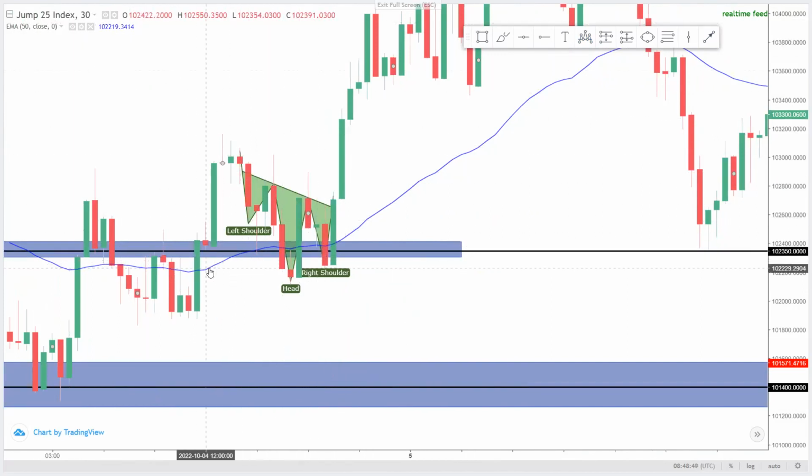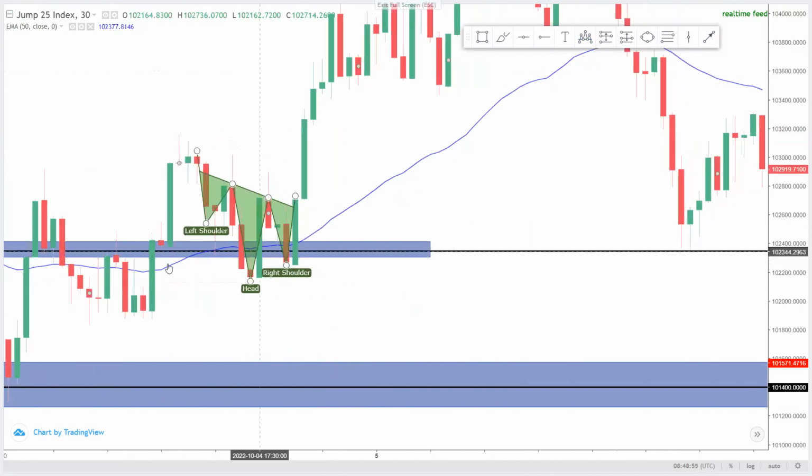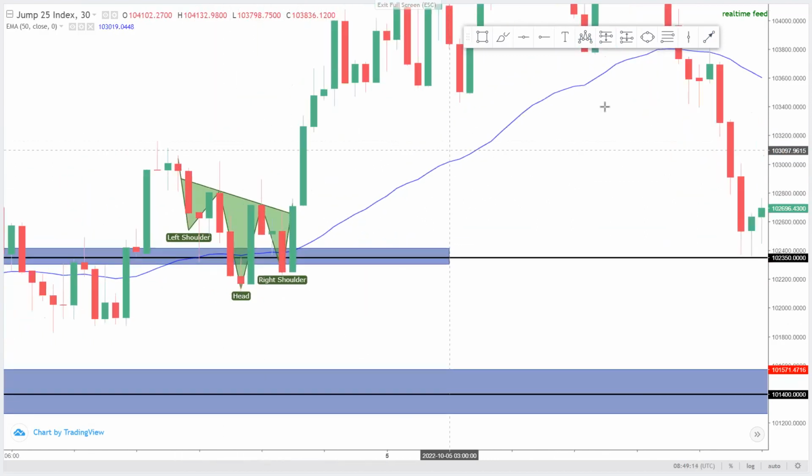Clearly we're retesting psychological level 1.2350, previously broken resistance, now turned support, and we're above the 50 exponential moving average. Now the exponential moving average is acting as a dynamic support. And then we have that entry confirmation, which is the inverse head and shoulder pattern.